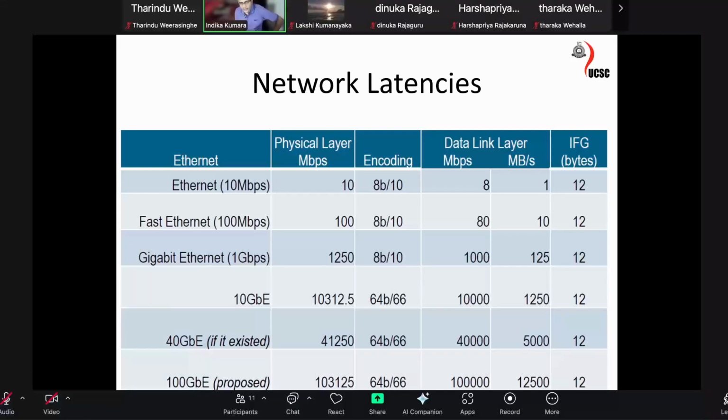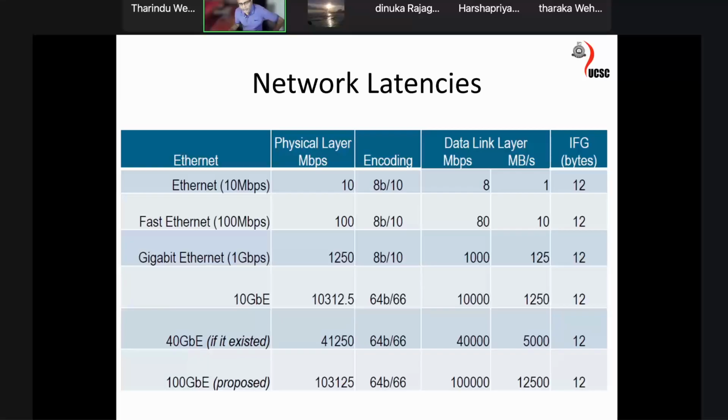Even though at the physical layer you assume that your 100 Mbps network should get a throughput of 100 Mbps, by default, based on the standard, you can't get that. The maximum throughput you can get is 80. So there is a difference between bandwidth and throughput.